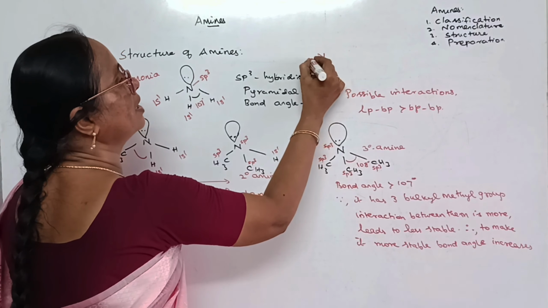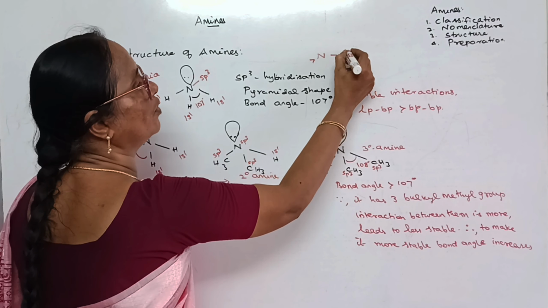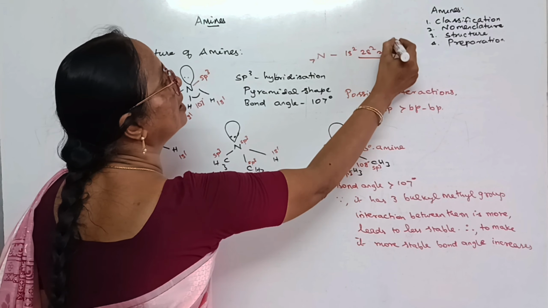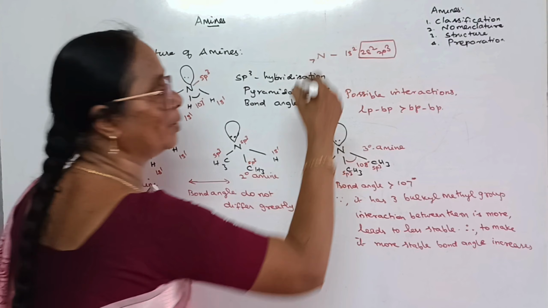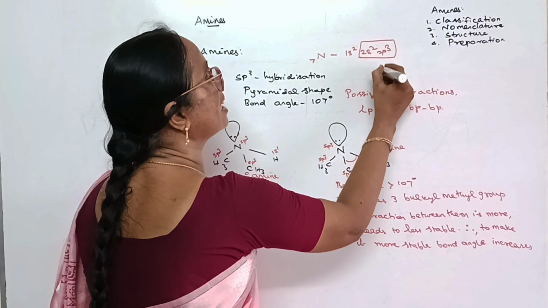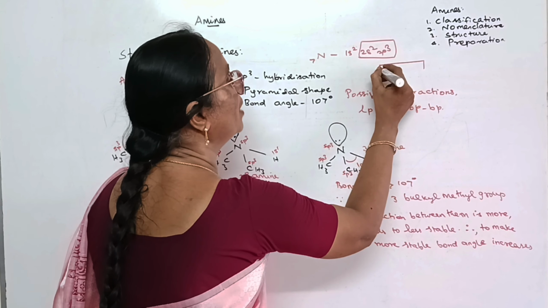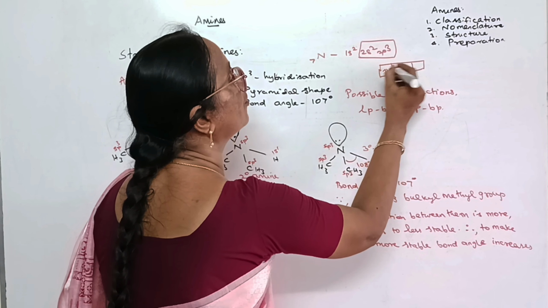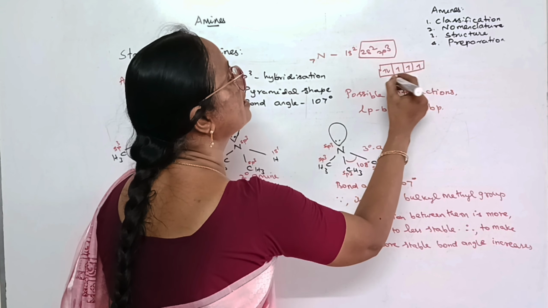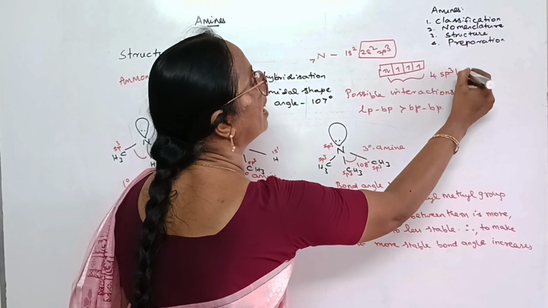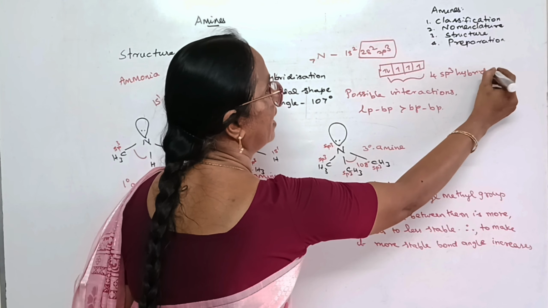Since the atomic number of nitrogen is 7, we can write 1s2, 2s2, 2p3. So this 2s2, 2p3 becomes the valence shell of nitrogen. So these 2s and 2p orbitals mix together to form the sp3 hybrid orbitals, one pair with one single electron. So we have 4 sp3 hybrid orbitals of nitrogen.